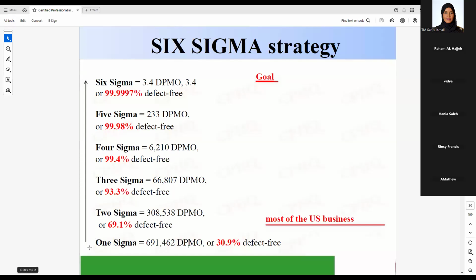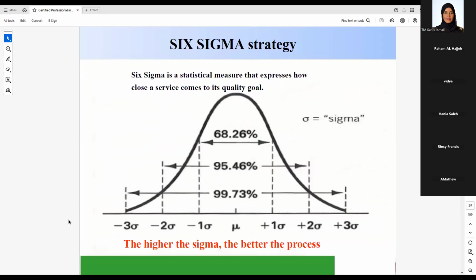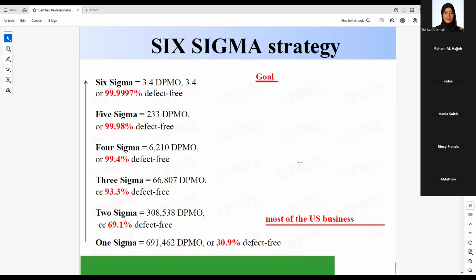If it becomes 2 sigma, that's why we're saying the higher the sigma, the better. Going back here, 2 sigma, we move from 68 to 95. Wow, 95 is good. Usually when we get 95 in our KPIs, we say it's excellent. But 2 sigma still says there is 300,000 defects per million opportunity. So only 69% is defect free.